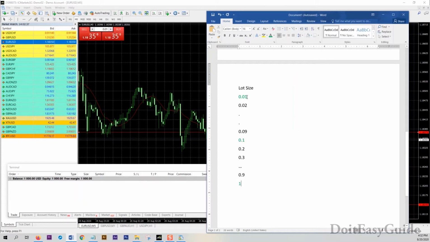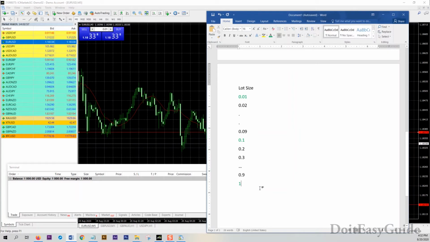So with 0.1 you are taking 10 times the risk of 0.01. Again, lot size 1 means 10 times bigger than 0.1 lot size. So that means your profit will be 10 times bigger, as well as your losses will be 10 times bigger, right?